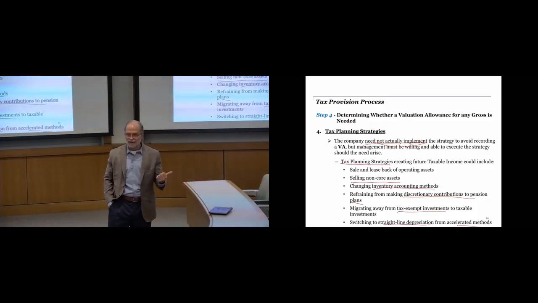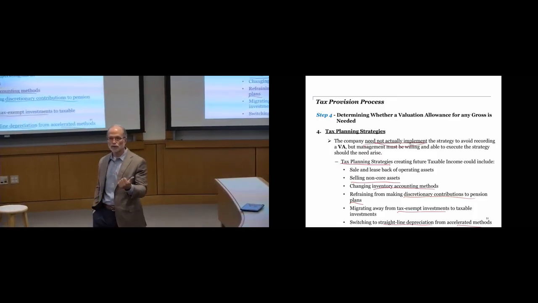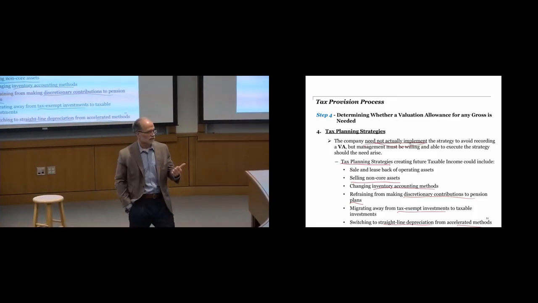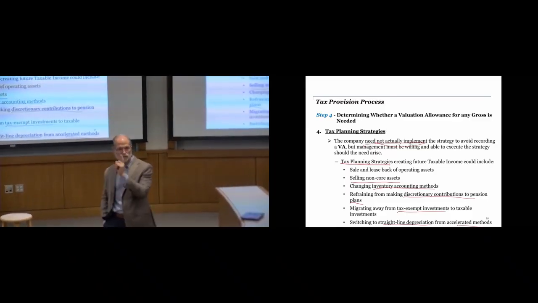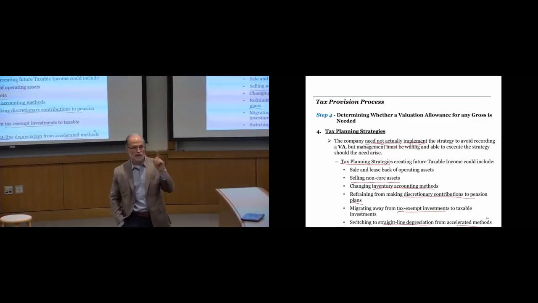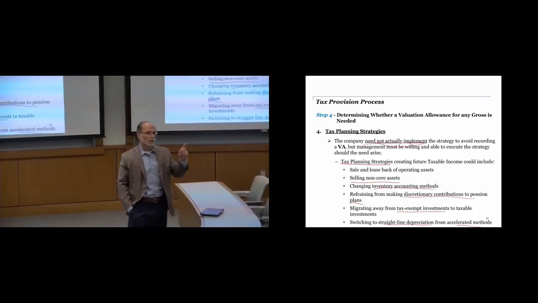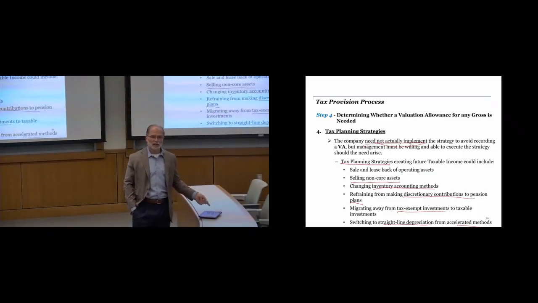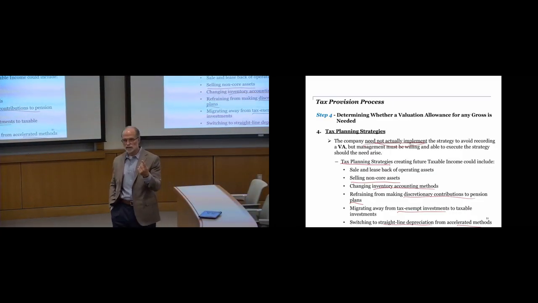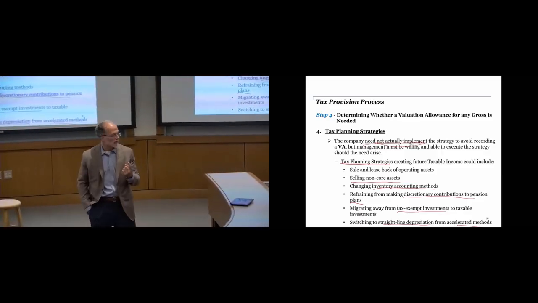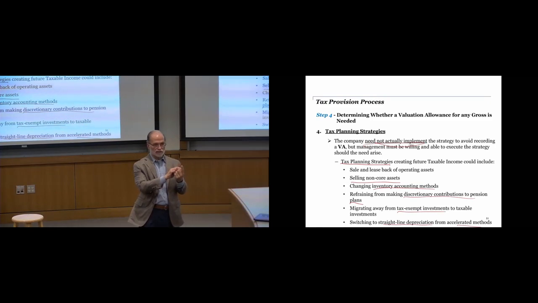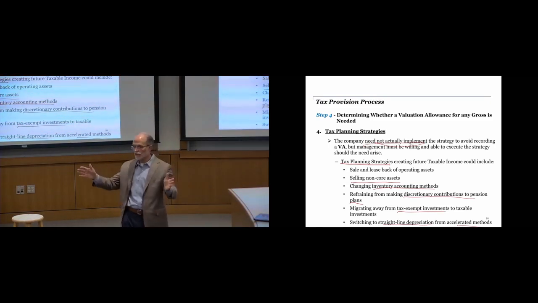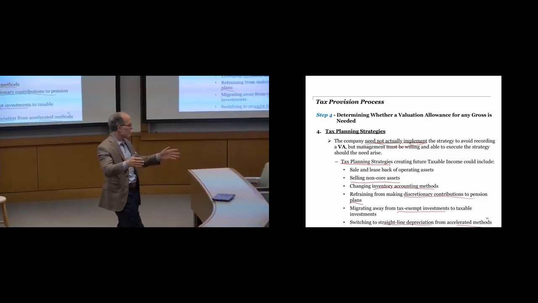And that's going to get people really, really nervous, because they're going to say, why did you wait 5 years or 10 years for that attribute to expire and then write it off? What changed when you first recorded the DTA and you told me that you were going to utilize that asset? Because if you didn't record a valuation allowance against the DTA, you're saying to the world, the investing public and the regulators and your audit firm, that I'm going to use that asset.